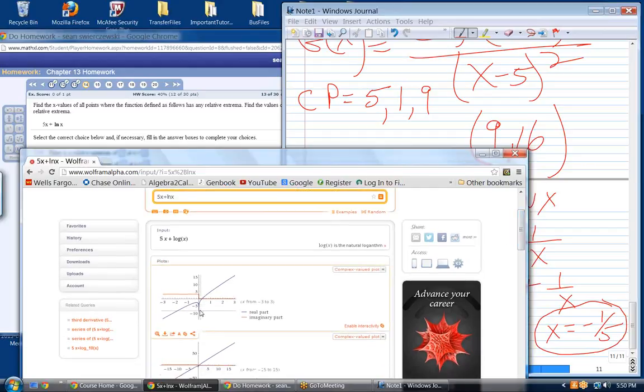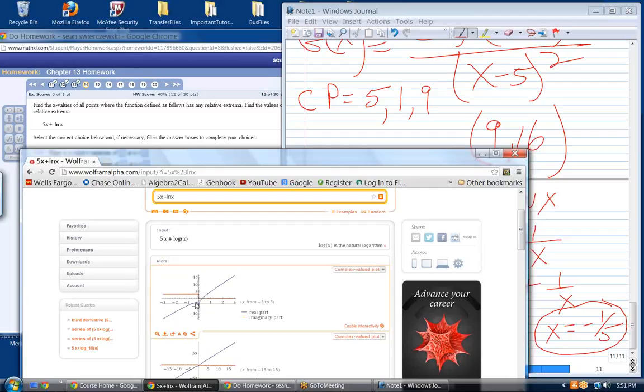When they graph this like this, every part of the graph that has both an imaginary and a blue part is the imaginary part. In other words, there's only one real answer. Since x can't be 0, because you can't take the log of 0 or negative numbers, our domain is restricted to x greater than 0 only, which is this part of the graph right there.